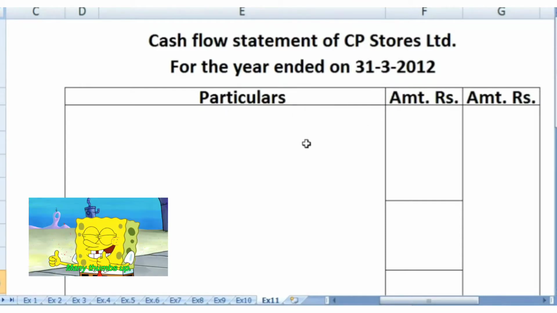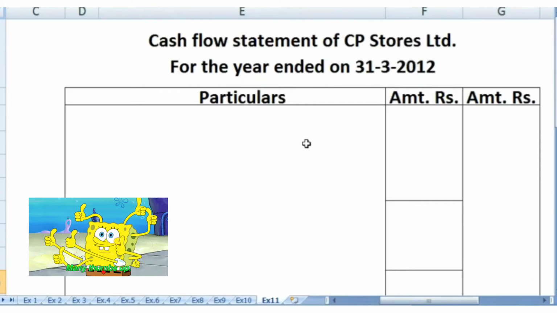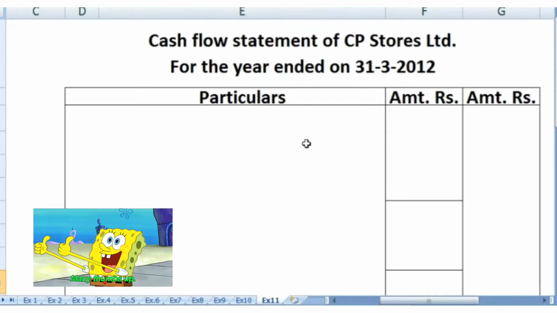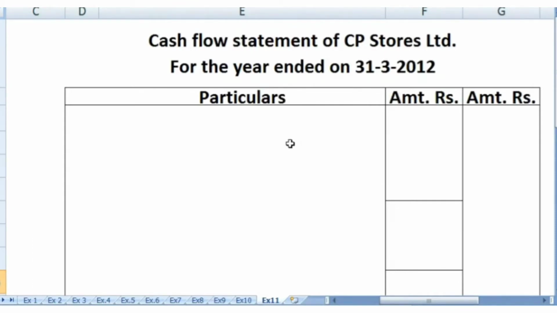Okay, and here no adjustments are given to us, and that's why we need not prepare the ledger accounts. Okay, we will directly find out the cash flow of operating, investing and financing, one by one.